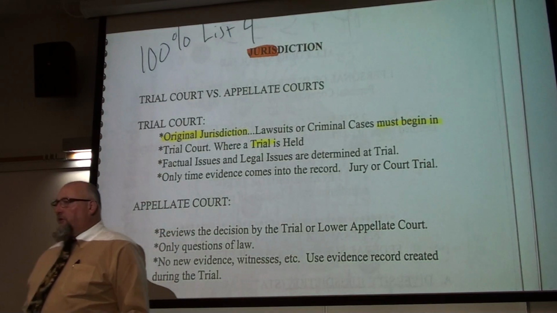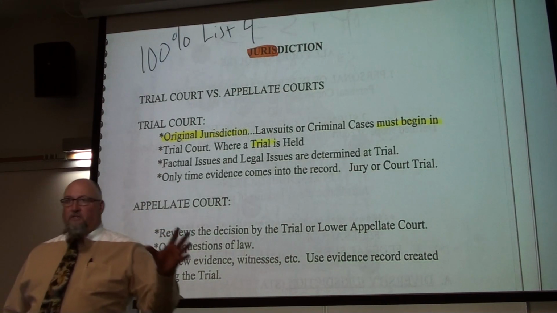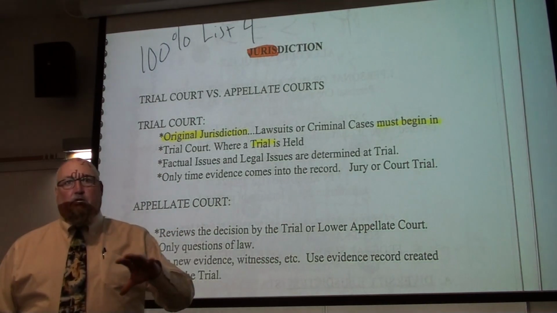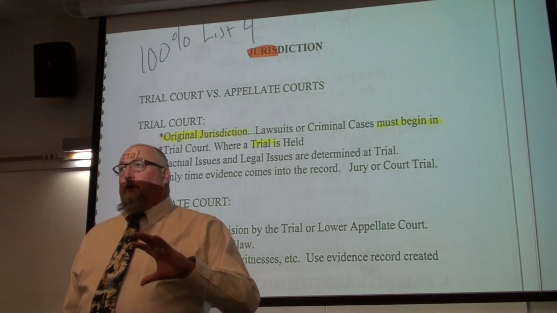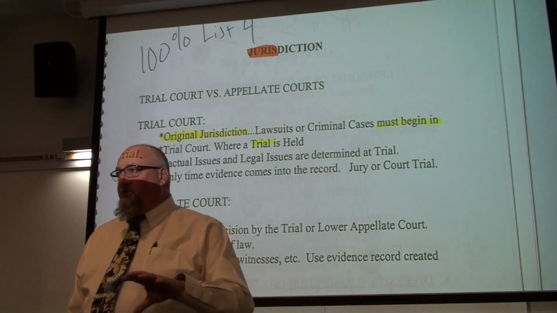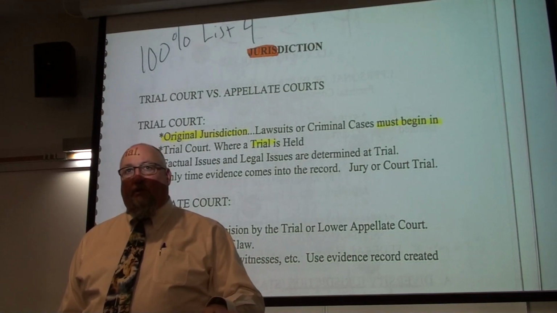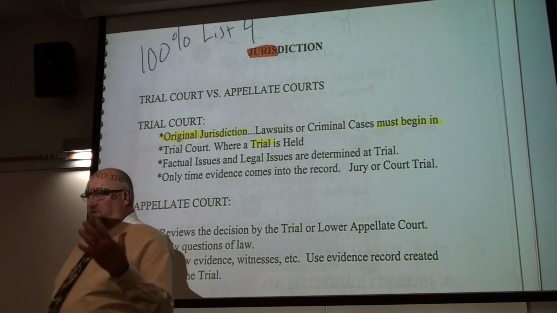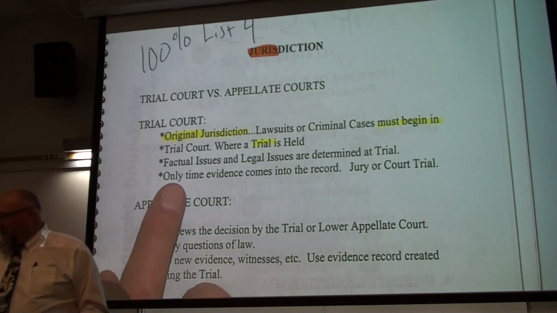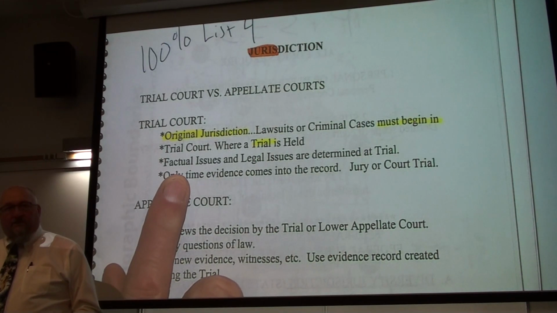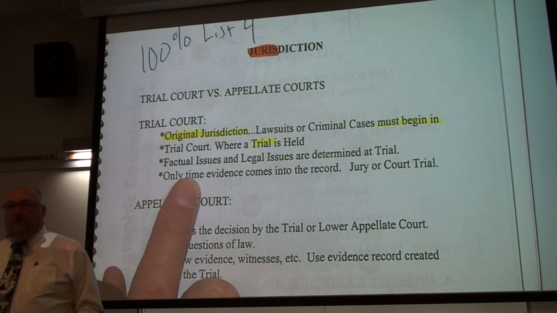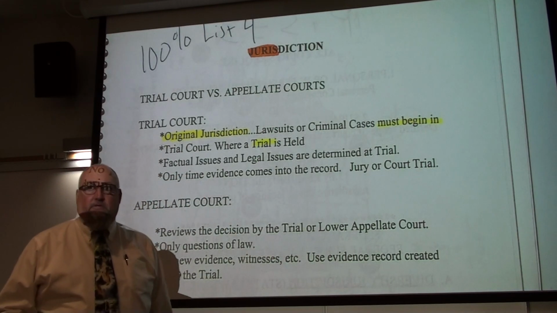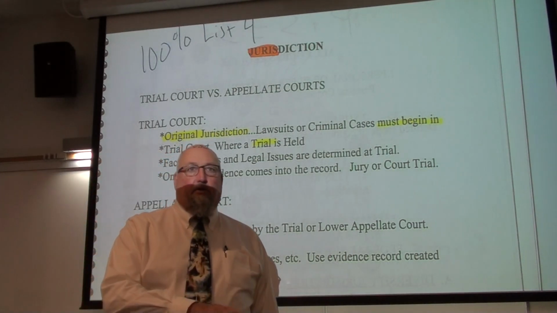But the idea of a trial is 2 things are going to take place in a trial. 2 types of issues will be resolved or determined in a trial. Or questions, if you will. The first is questions of fact. Disputes over factual issues will be determined at a trial.